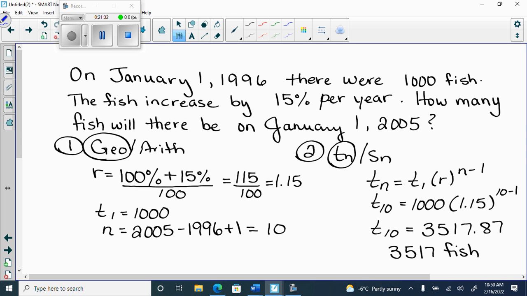When it's whole items, you round down. So we have 3,517 because it's technically saying how many whole fish will there be on January 1st, 2005? And the amount of whole fish are 3,517, right?